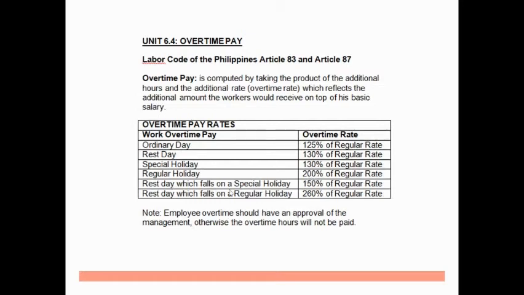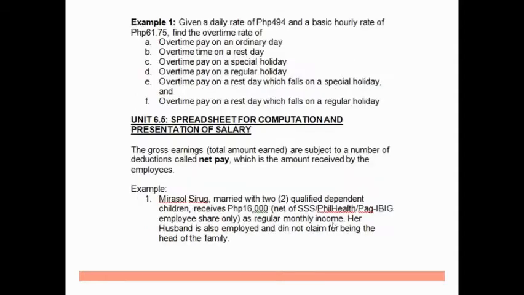Rest day which falls on a special holiday, 150%. Rest day which falls on a regular holiday, that is 260%. So let's note that the employee's overtime should have the approval of the management. Otherwise, the overtime hours will not be paid.